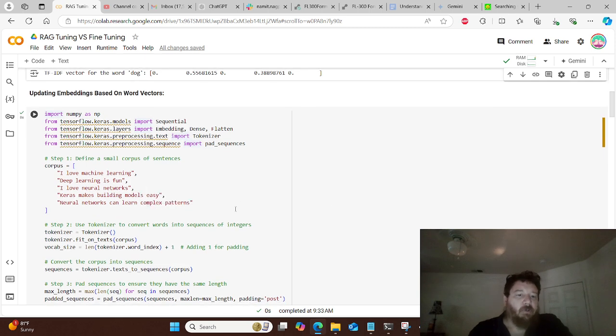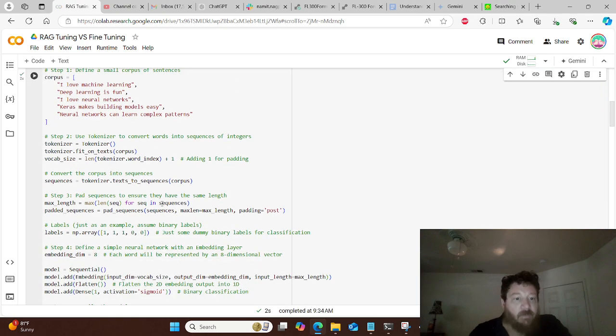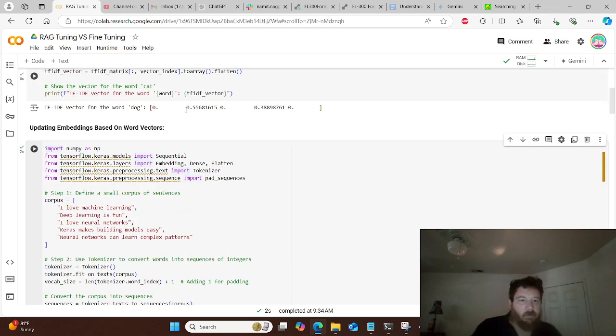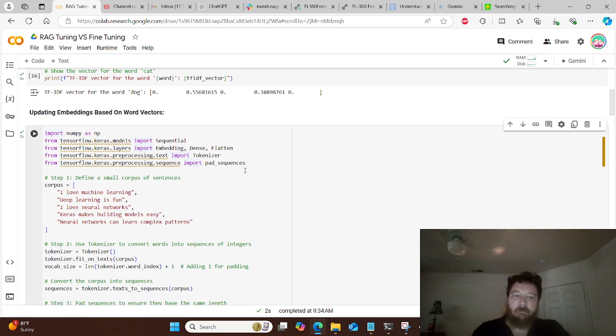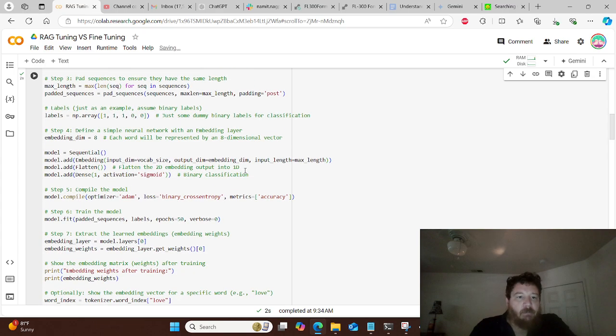Keras makes building models easy, and neural networks can learn complex patterns. In this instance, we're first turning these into vectors. So it's not "I love machine learning." It's like this, like 0.055, 0.3, whatever, etc. And then we are converting and training the model on this.